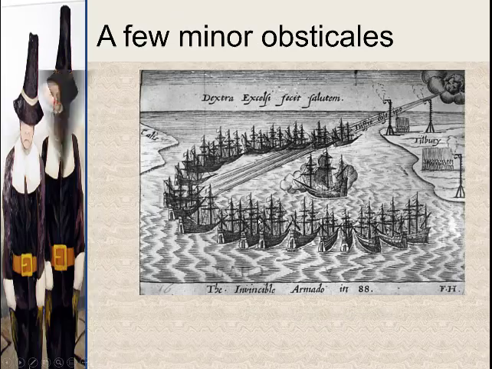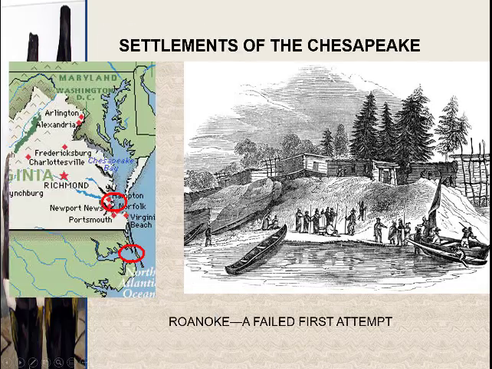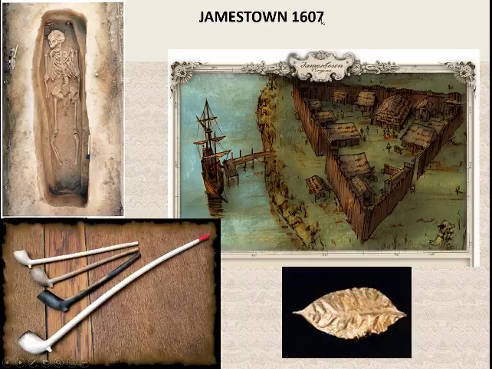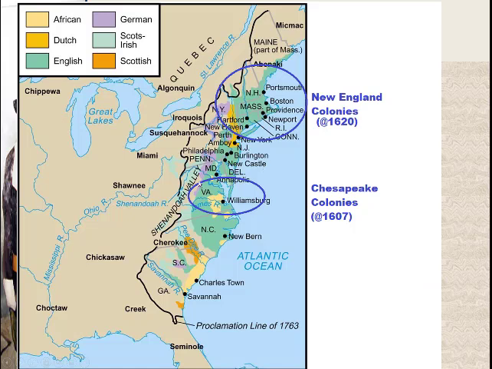And so those colonies become successful, not with Roanoke, which was a big mystery, but with Jamestown eventually, right here in 1607. And that is so successful that all these colonies are going to build up north and south of Jamestown, and even religious reformers will leave England and start their own colonies, and they're going to make money there too.